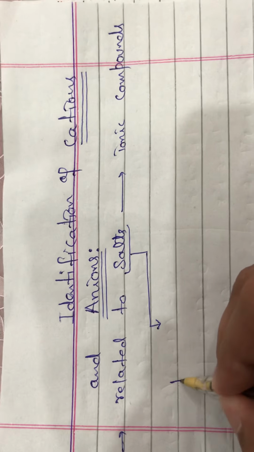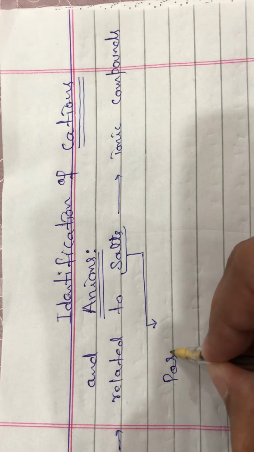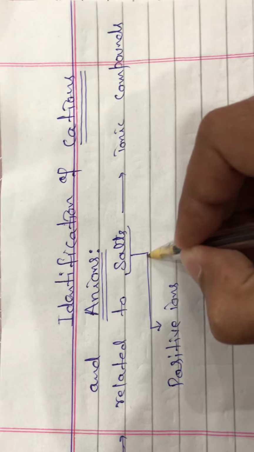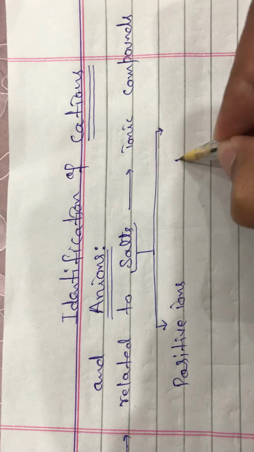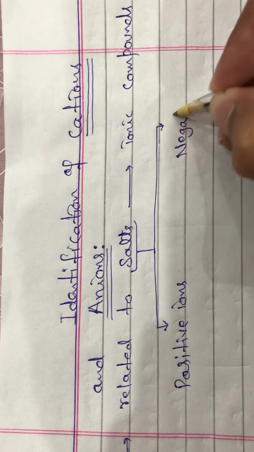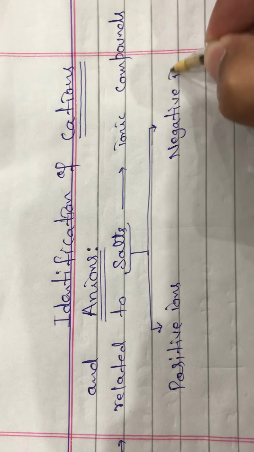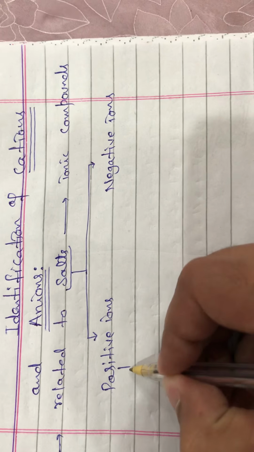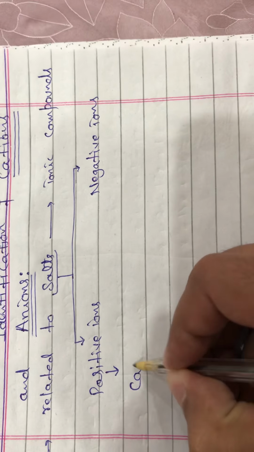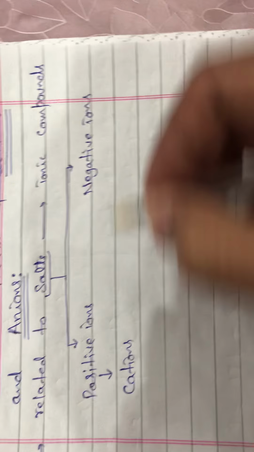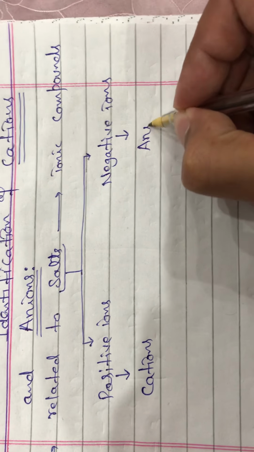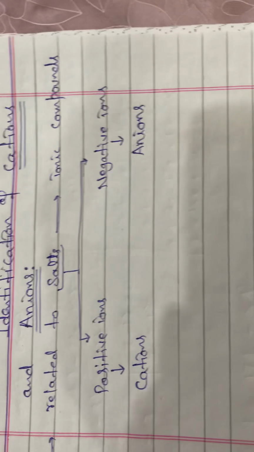Those contain the positive ions and negative ions. The positive ions are commonly known as cations, and the negative ions are commonly known as anions.